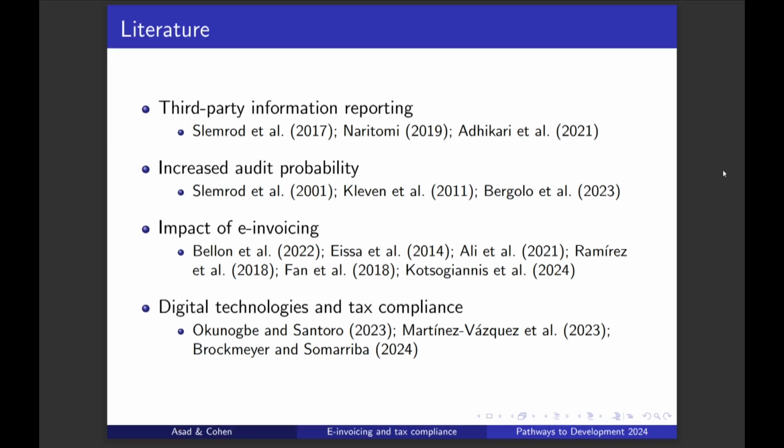More closely, there's very active research on evaluating exactly these kinds of programs, for example in countries like Rwanda, Peru, Uganda. So there's a lot of active research on how these devices or these kinds of interventions overall improve compliance. So we contribute to that literature.